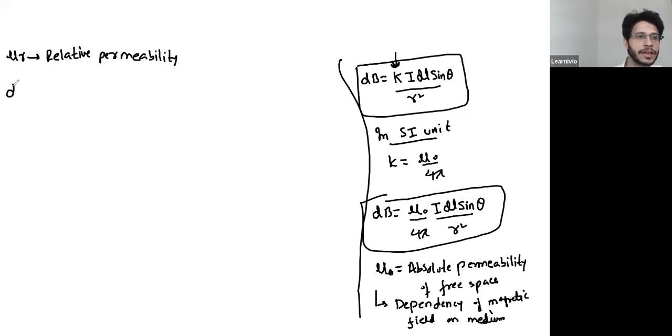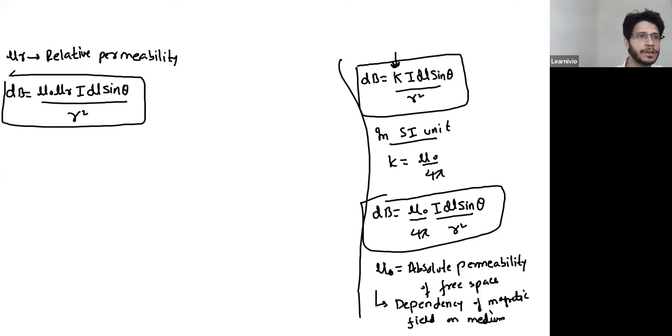If I take relative permeability, then the magnetic field is dB equals mu naught mu r, Idl sine theta over R square. For different medium, relative permeability has different values.